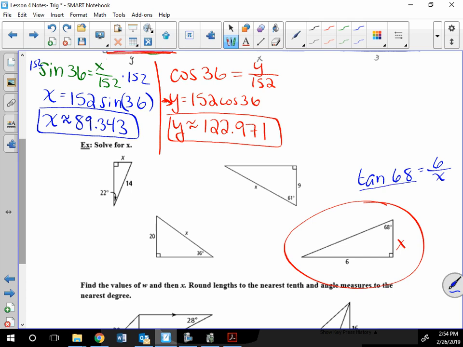X. I would cross multiply this, guys. We would have x times tangent of 68 equals 6. So what you're putting in your calculator is 6 over tangent of 68. You should have gotten 2.424. So make sure you're doing 6 divided by tan of 68. You're not doing tan of 68 divided by 6. We had a little bit of a difference out here.